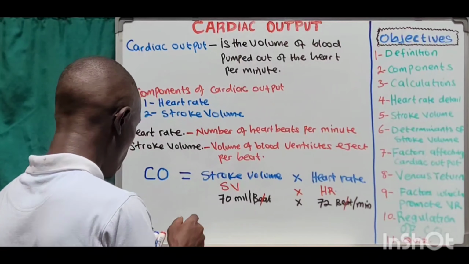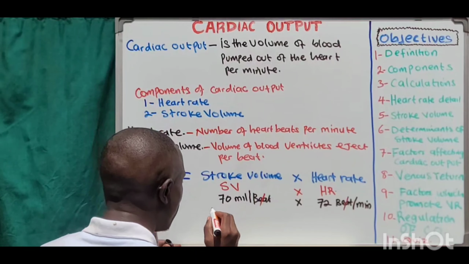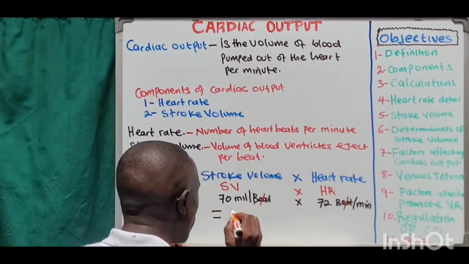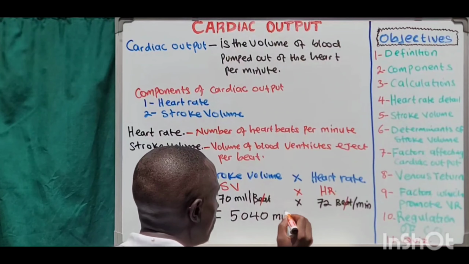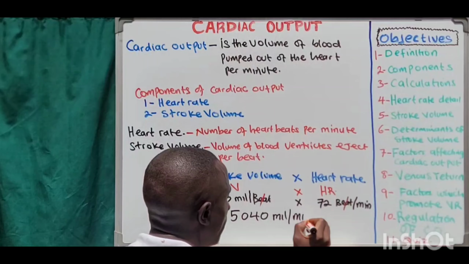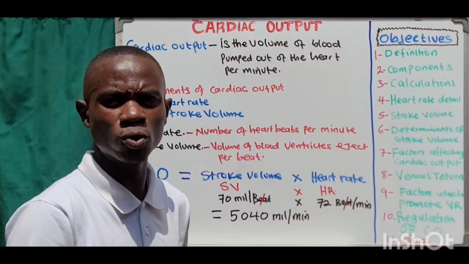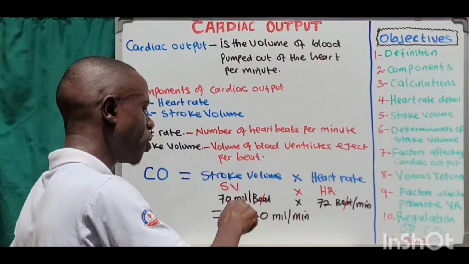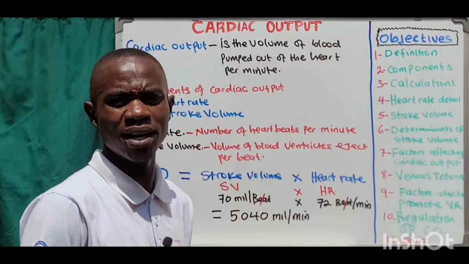When you calculate 70 times 72, it gives approximately 5,040 mils per minute, and this is our cardiac output. It means every minute we are ejecting about 5,040 milliliters.